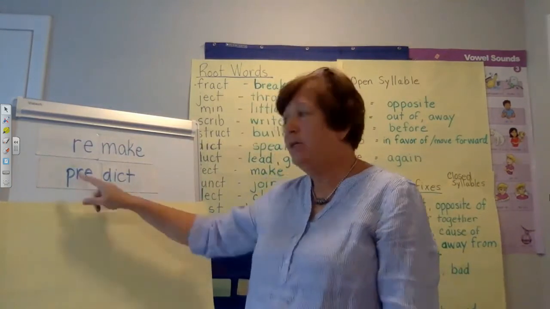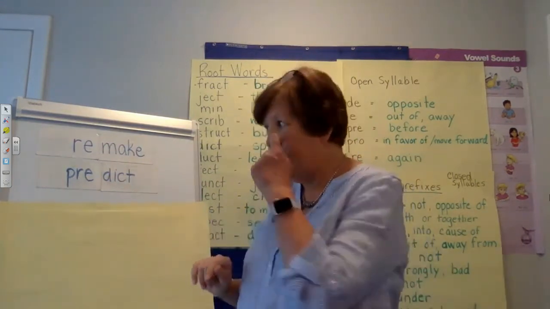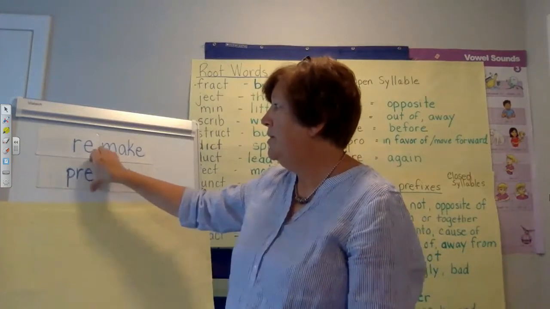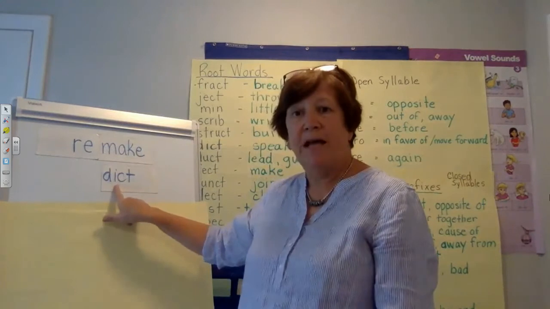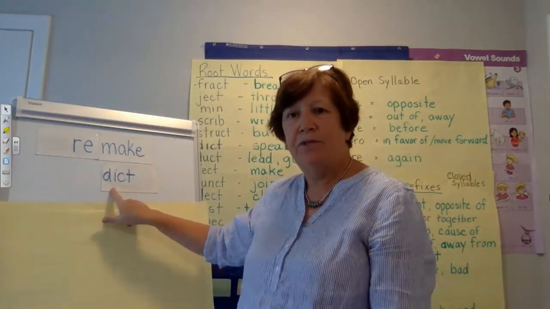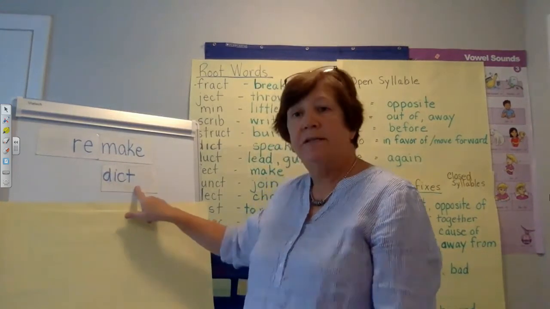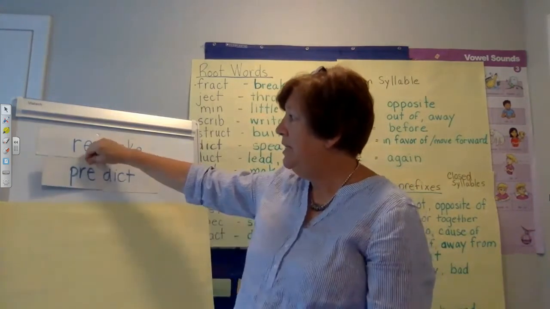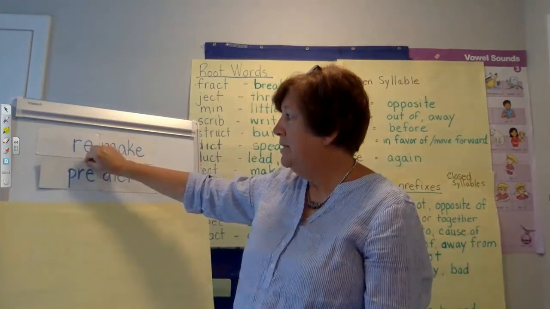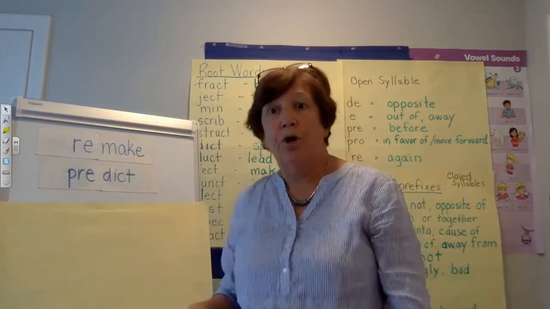Predict. We talked about that one in the meaning before. If I take away that prefix, I have my Latin root there. Can that stand alone? Dict? No. That is not a real word by itself, so it needs to have a prefix added to the beginning or something added to that to make it a whole word.